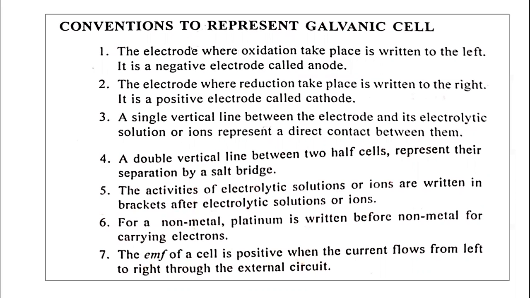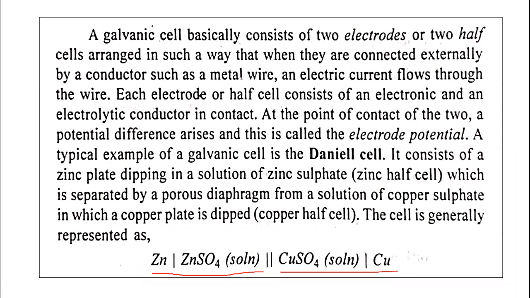We not only require the electrode, but we also require the electrolyte. You can see here, this is the zinc electrode and this is the electrolyte zinc sulfate. So to construct the electrode, we require both electrode and solution.